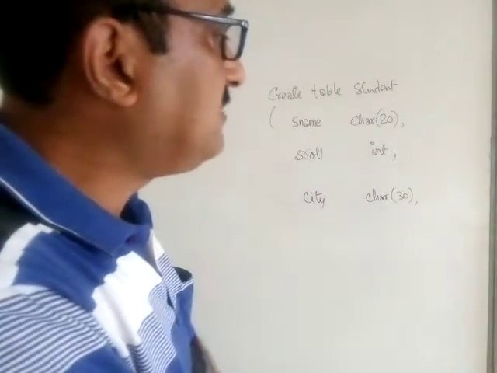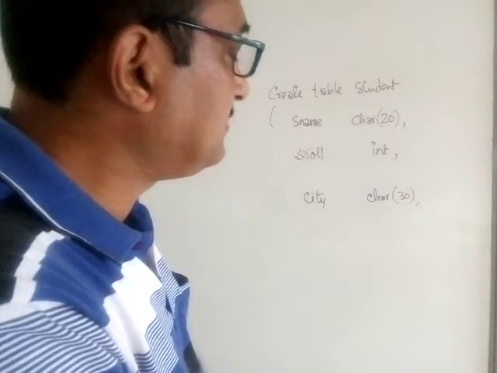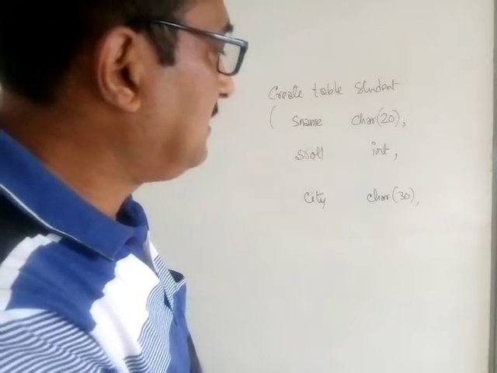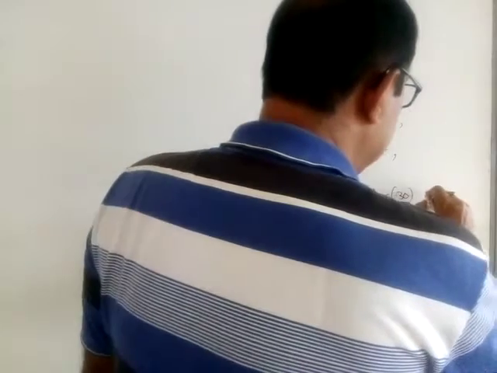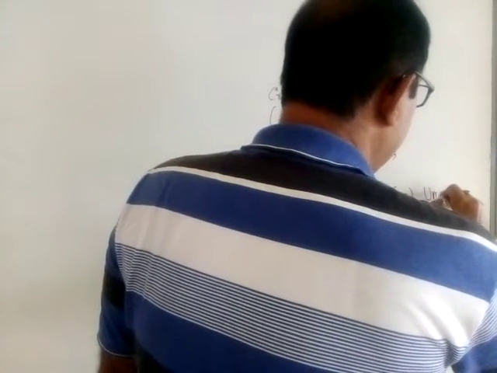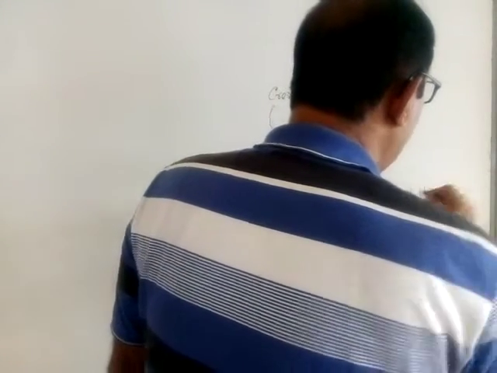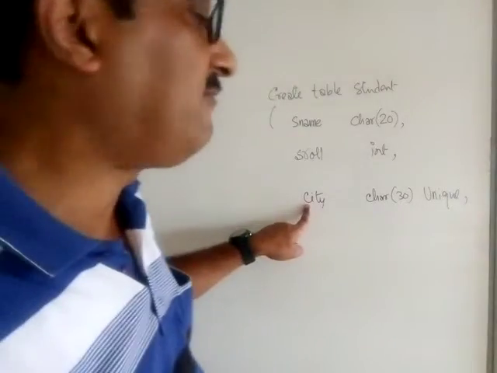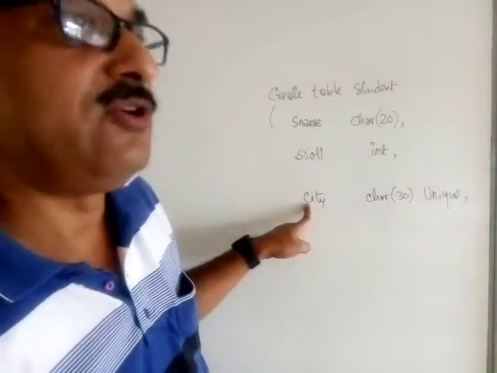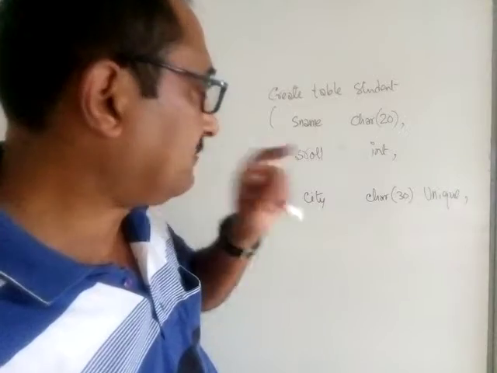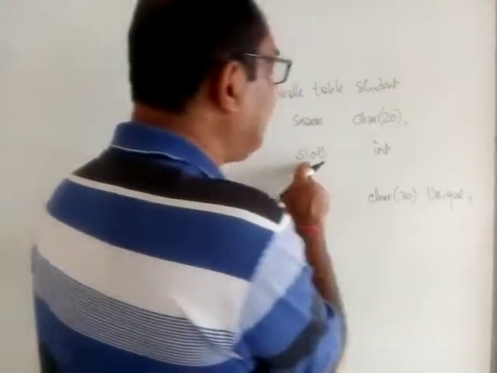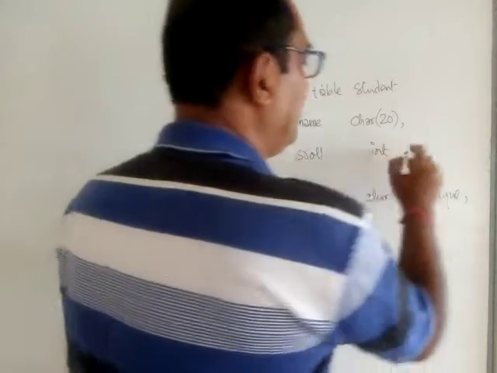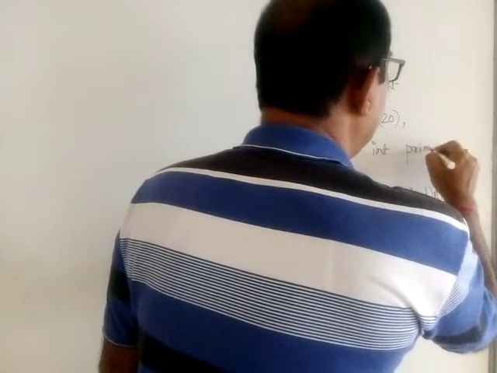Now, the constraint which we missed out that day is called unique. If you write unique over here, that means this field will have all unique values in all its records. But it's not a primary key. Imagine I realize that my primary key should be roll number, so I wrote here primary key.